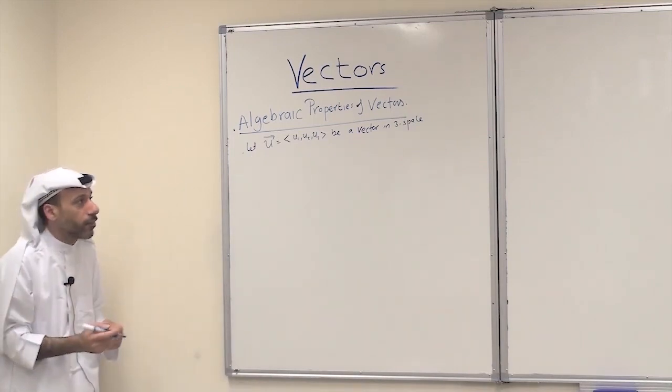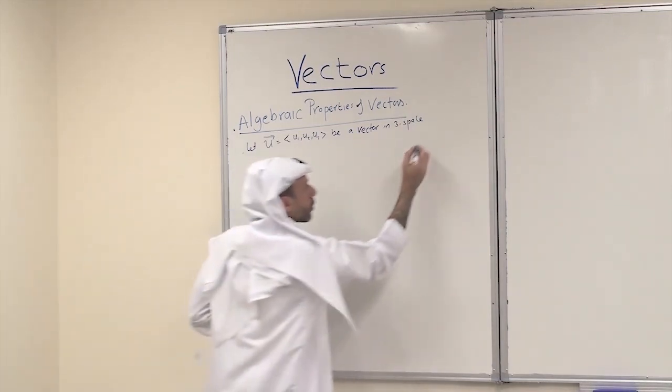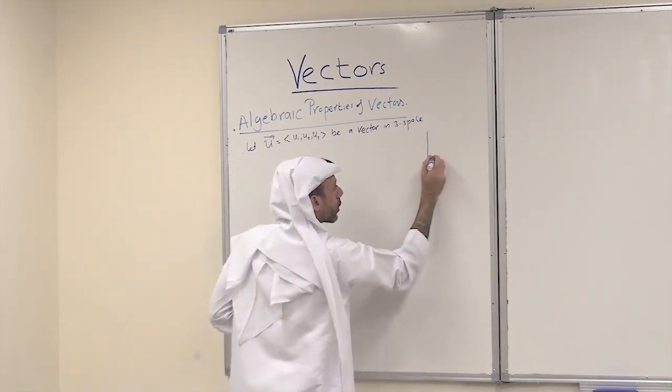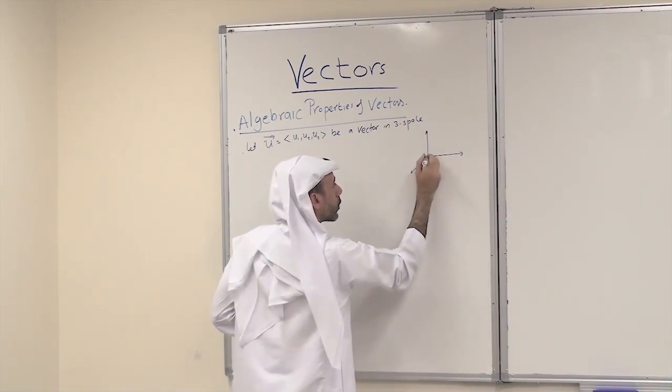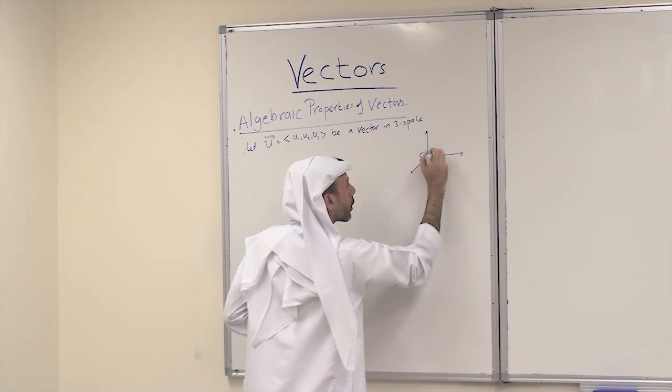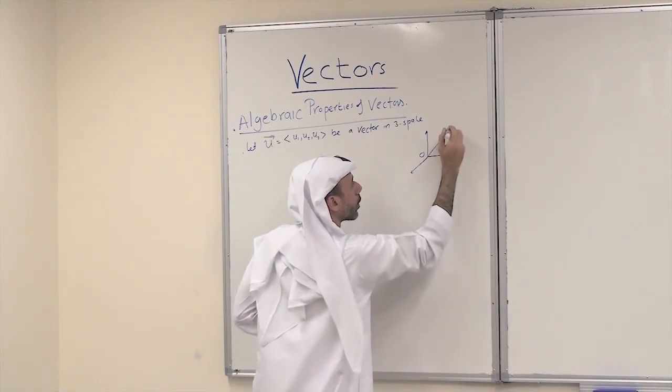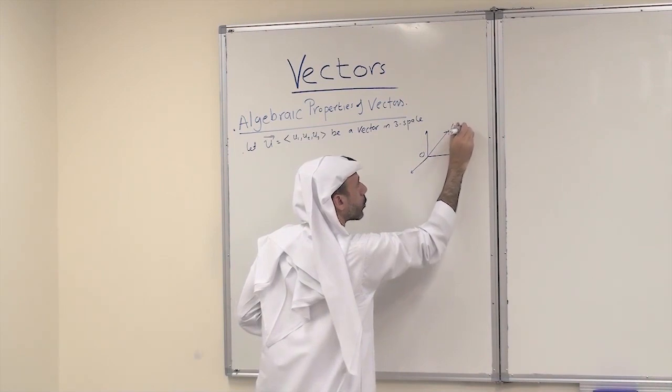So it is a standard vector. We can represent it in this manner here. So this is the origin, and this is the point with coordinates U1, U2, and U3.